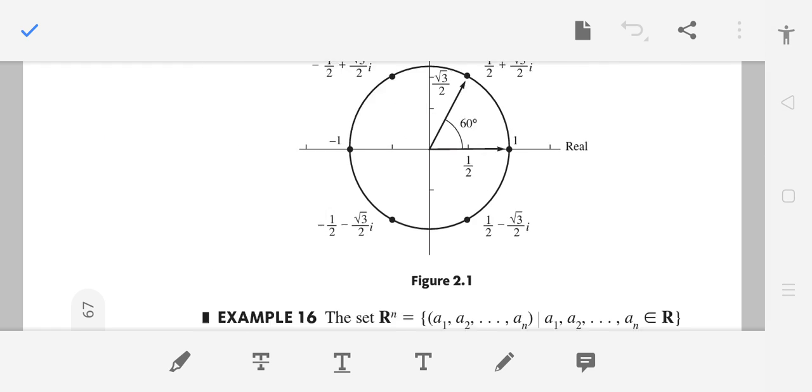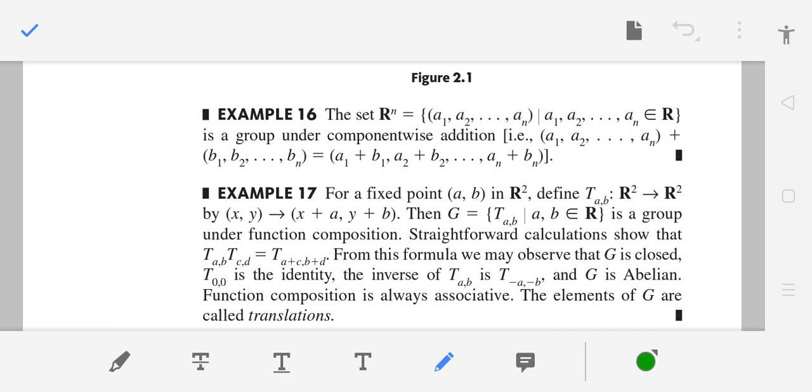Now, yes, this is a very important group. In R^n, what kind of elements are there? Tuples, n-tuples (a1, a2, ..., an) where the ai are from R, the real line. If you add two such n-tuples, you get the corresponding component-wise addition, and then it forms a group. What is the identity? (0, 0, ..., 0), if you take all ai's as 0.